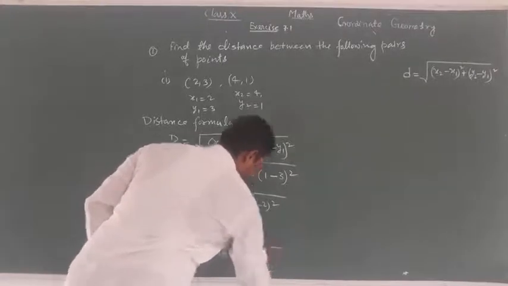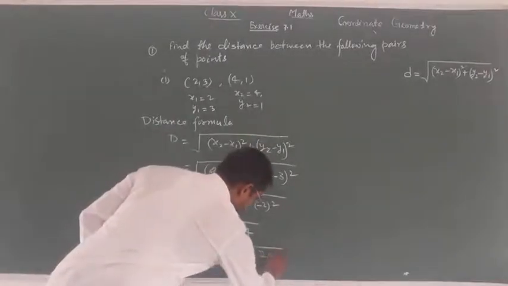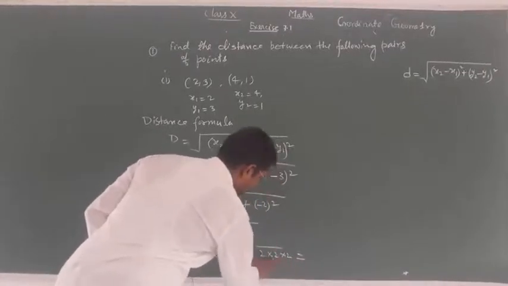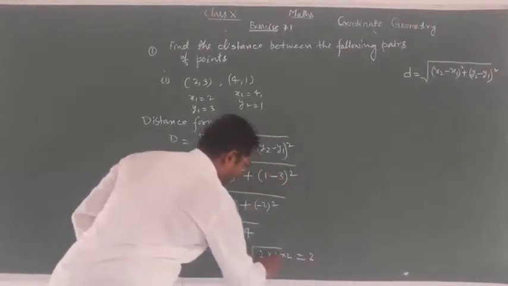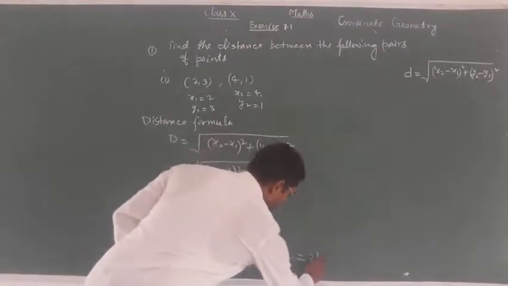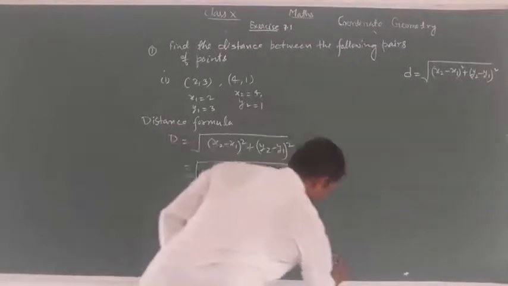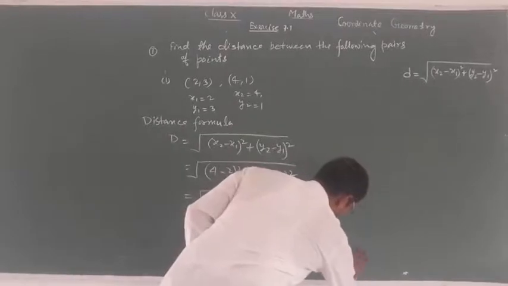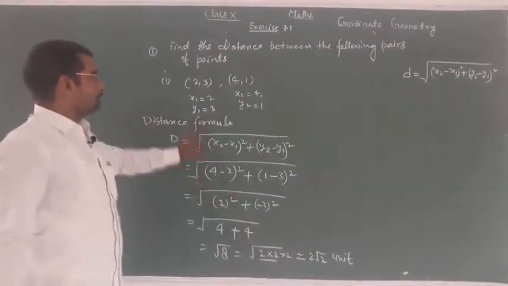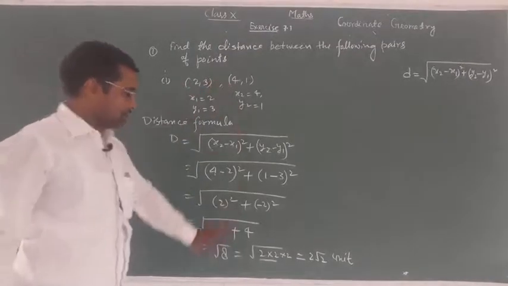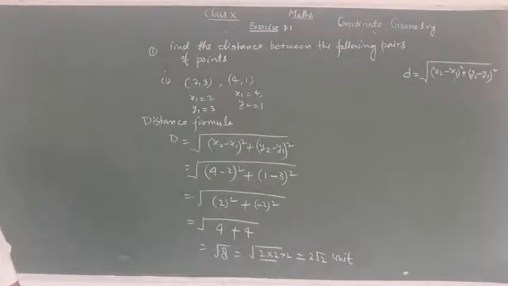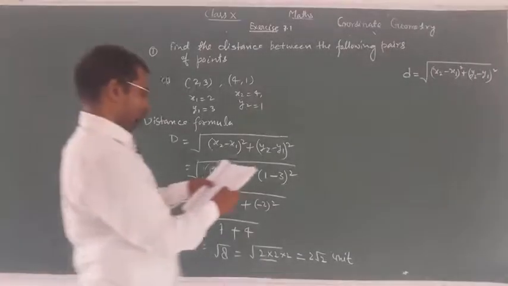Now 8 is 2 into 2 into 2, so taking a pair of 2 out, the rest is square root 2. The distance D is 2 root 2 units.